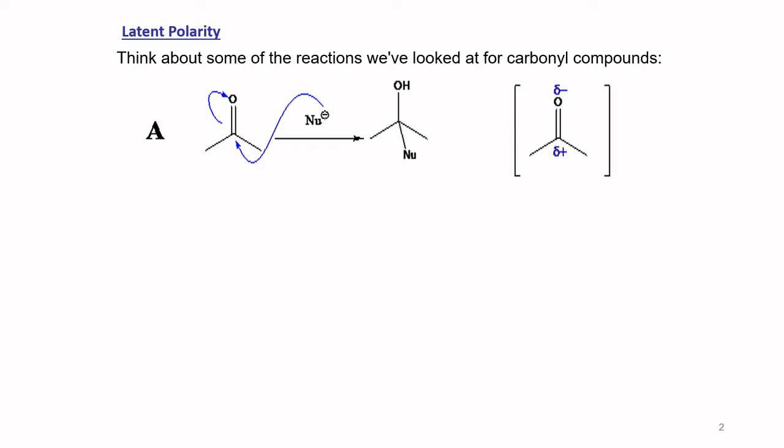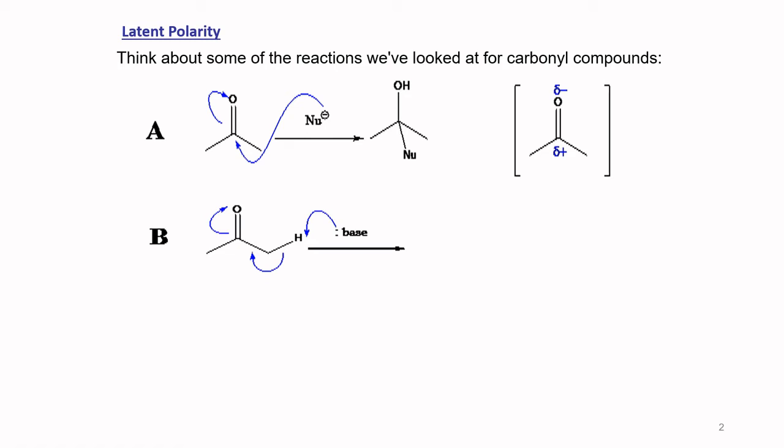When we have a nucleophile, it will attack the carbon of the carbonyl, and then the electrons will migrate from the double bond to the oxygen, resulting in an alcohol. If we look at the polarity of the compound, the carbon is partially positive, while the oxygen is partially negative because oxygen is an electronegative atom.